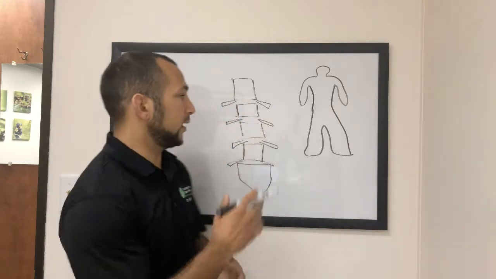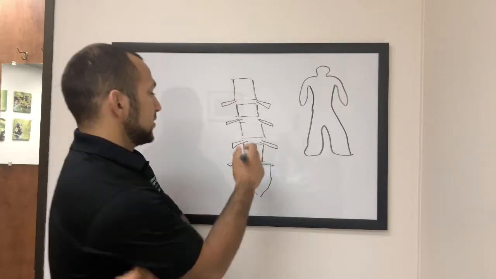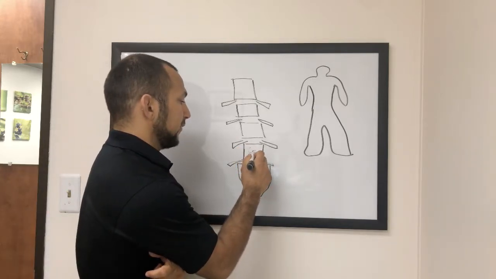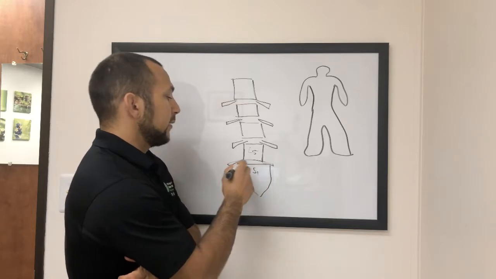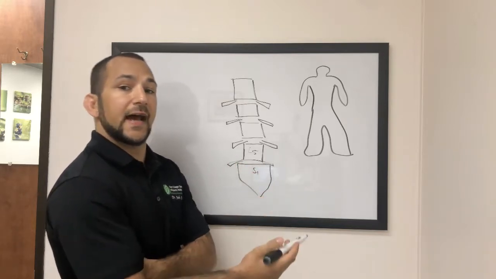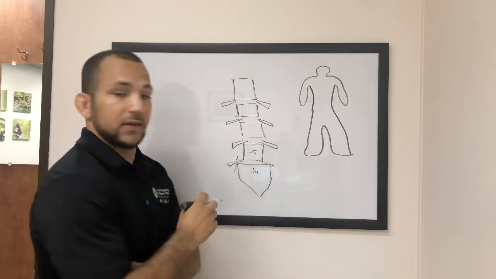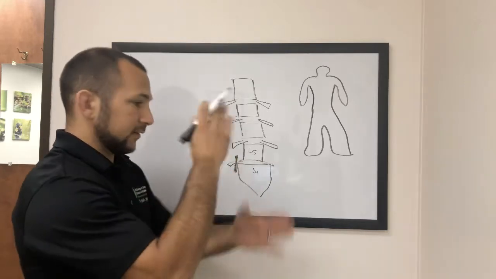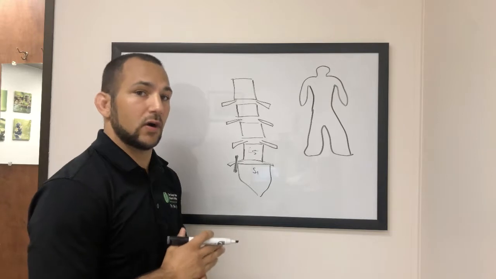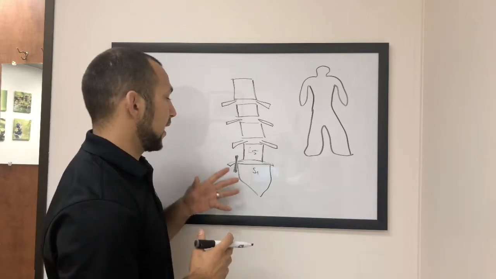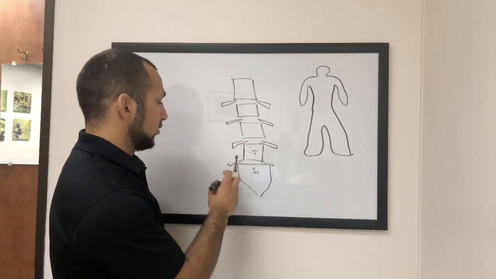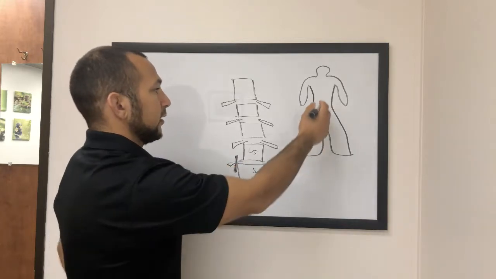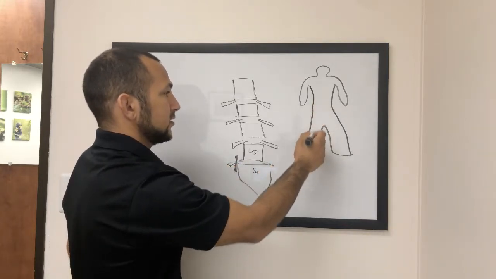So essentially in the body, what we're talking about is we have here the L5 spine. So here's the S1, and most people are going to have the sciatica that irritates one of these nerves. So let's just point it on this one, right? So this is kind of like the lesion that we're talking about. So this is the sciatic nerve, and it runs all the way down the leg, right? So let's just pretend like this is our man.